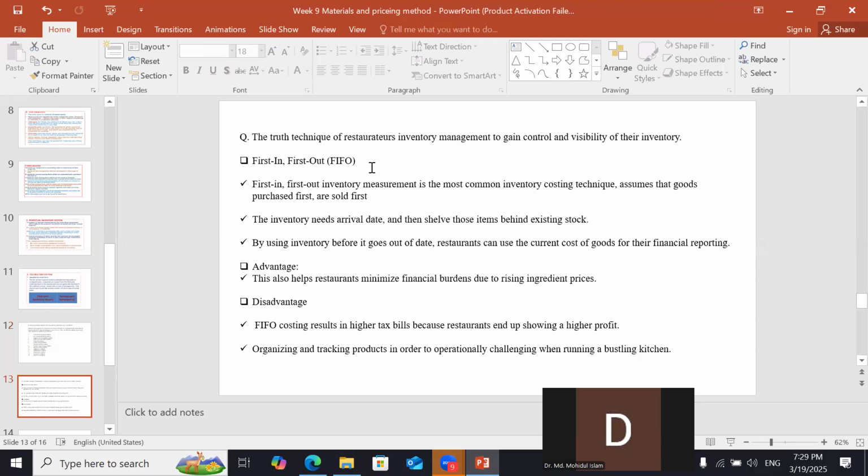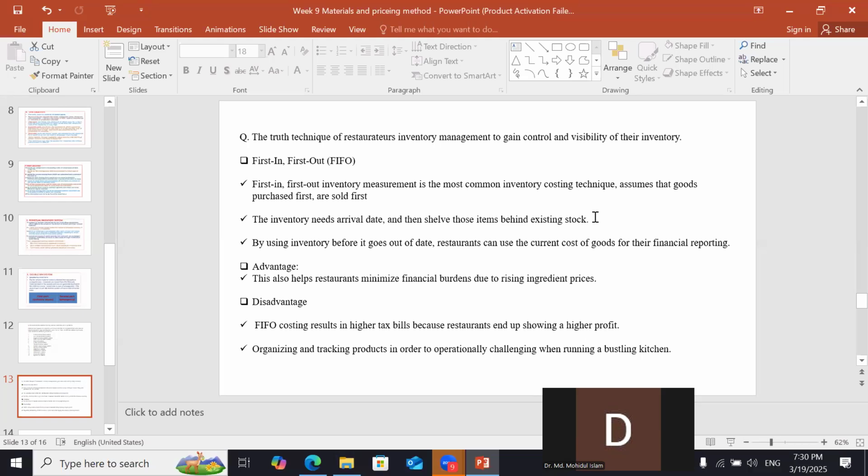First in, first out, some criteria. First in, first out inventory measure is the most common inventory costing technique. It assumes that goods purchased first are sold first. Another criterion: inventory needs an arrival date, and then you sell those items ahead of existing stock.